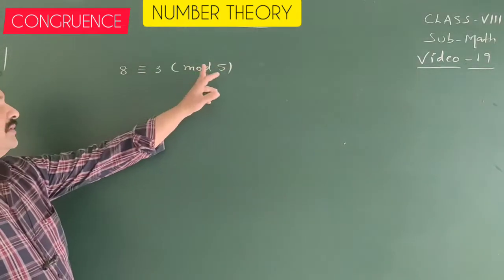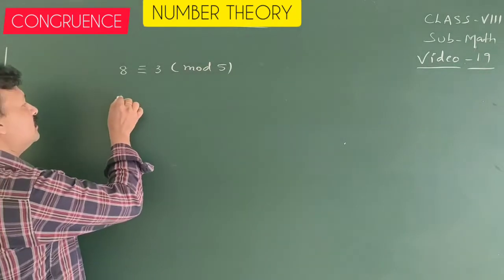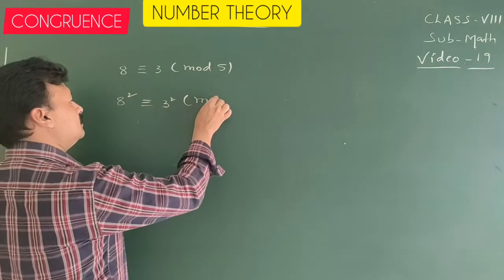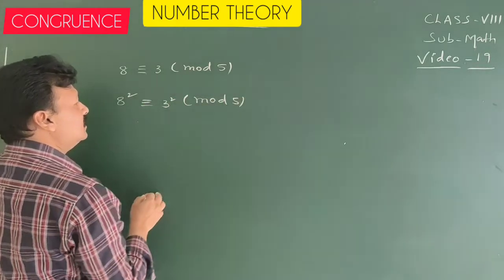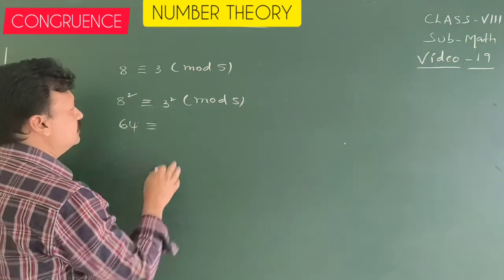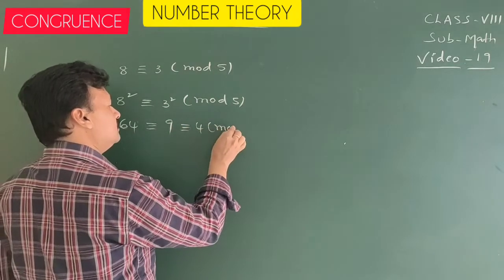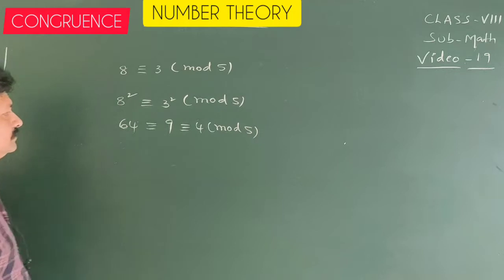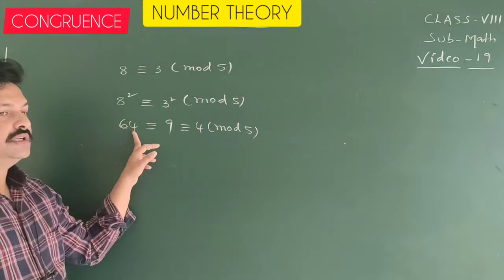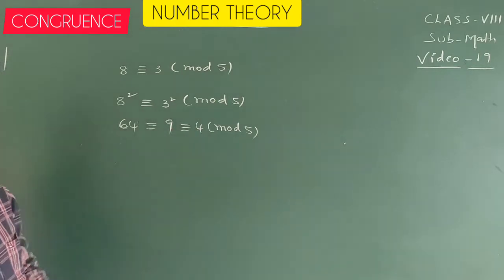If 8 is divided by 5, you will get 3 as the remainder. If you apply square on both sides, 8 square is congruent to 3 square mod 5. 8 square means 64 is congruent to 9, that means 4 mod 5. If 64 is divided by 5, you will get 4 as the remainder. 9 divided by 5 also, you will get 4 as the remainder.